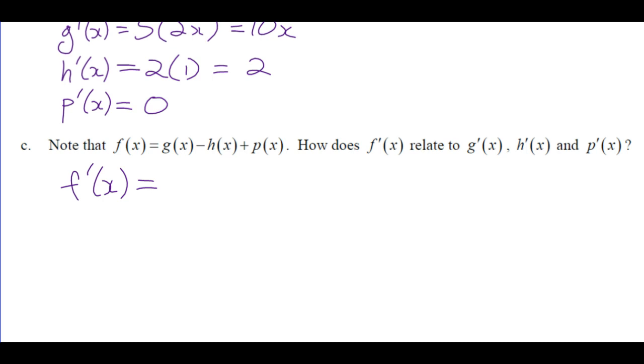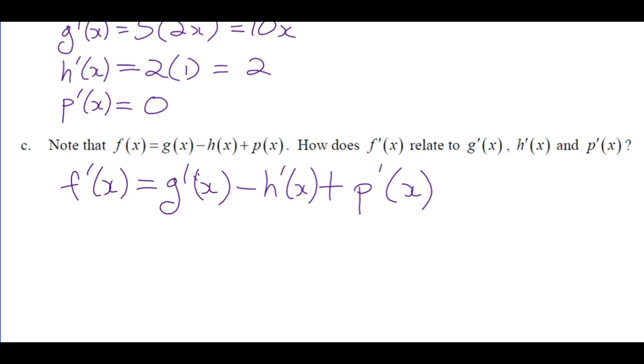The 10x, so what's another way to say 10x? g prime of x, right? Minus h prime of x, plus p prime of x. Which was 0 though, right? But it's still there.